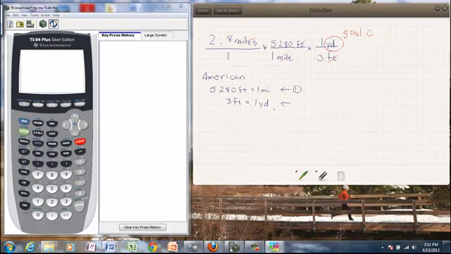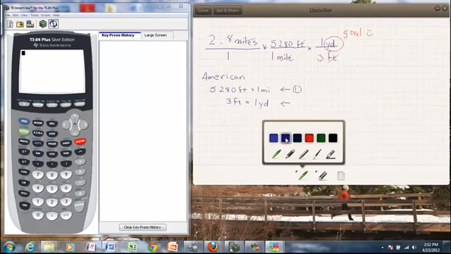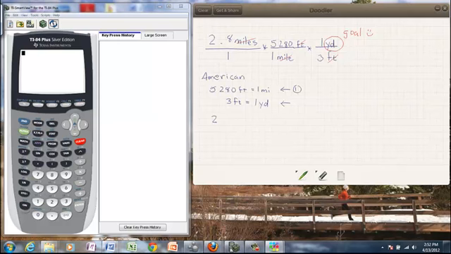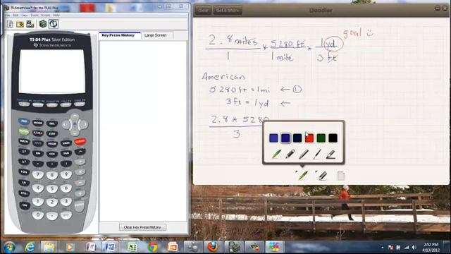Okay, so now I need to do the numbers. So we'll go back and do 2.8 times 5,280 times 1, but I'm kind of lazy about timesing by 1 since that doesn't change anything, over 1 times 1 times 3. And I'm going to put that in the calculator.